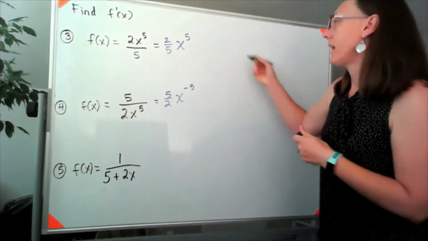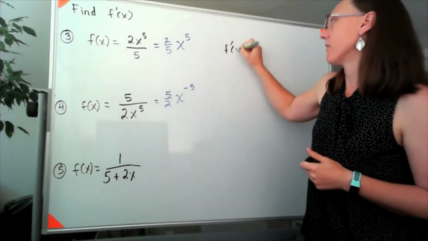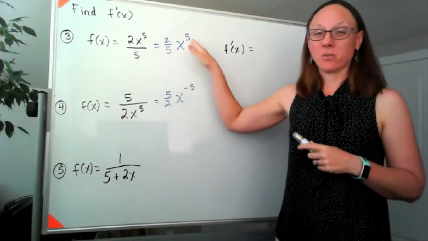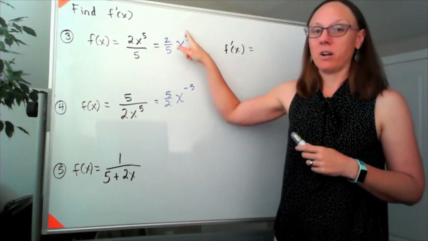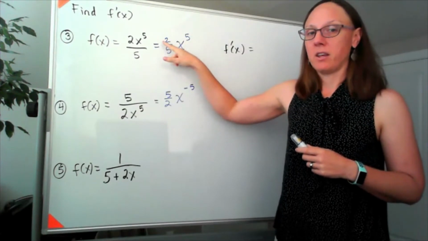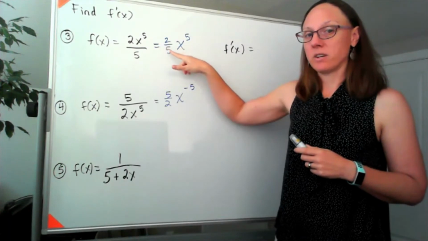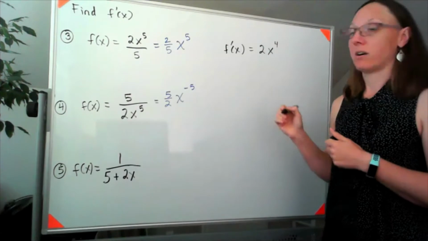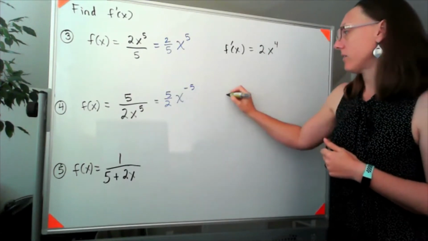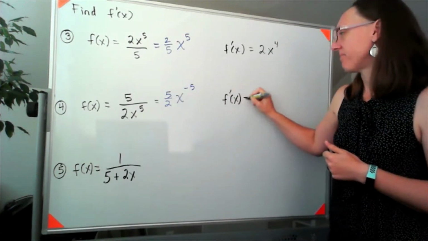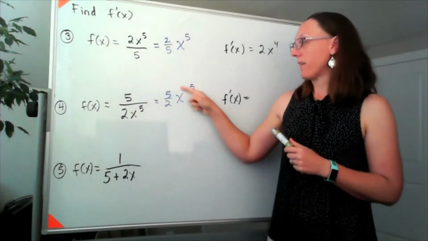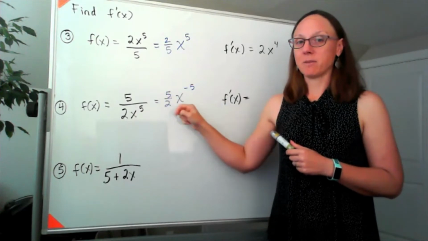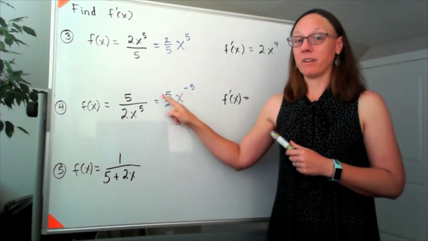So here, if I'm going to find that derivative, then it's just a number times x raised to a power. So I'll take that power, multiply it down in front. My 5s will cancel out, and I'll be left with 2x to the 4th power. Here, when I take that derivative, I'm going to multiply that -5 down in front. -5 times 5 will give me -25 over 2.